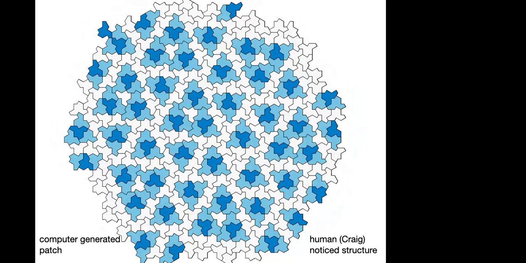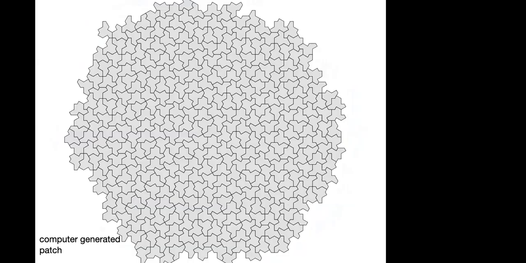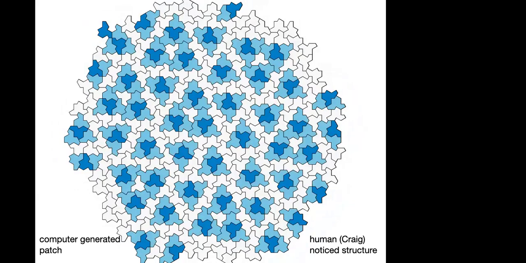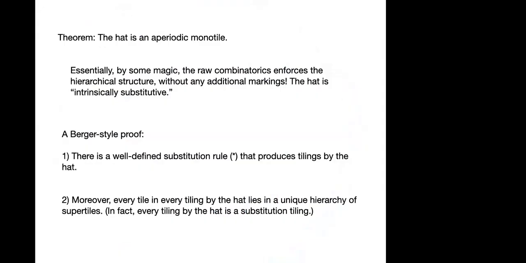The standard proof is a sort of standard-style proof, which I'll describe. Basically, the raw combinatorics of the geometry, just the raw shape itself, somehow forces this hierarchical structure without any additional markings. To me, that's absolutely miraculous.